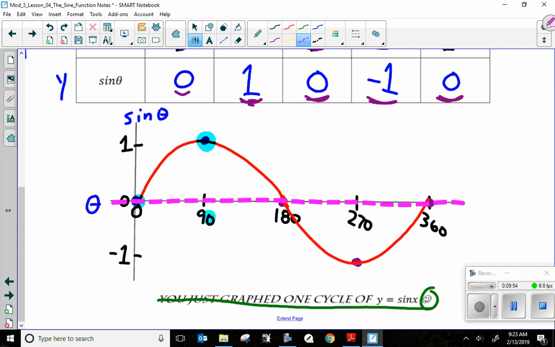That's the exact middle. That is known as the midline. If I wanted the equation of the midline, I would say it's y equals 0. That's this dashed line here. That's the middle of my graph. My amplitude would be 1 because I go up 1 to the highest point, and I go down 1 to the lowest point. So my amplitude would be 1. My midline here is y equals 0.